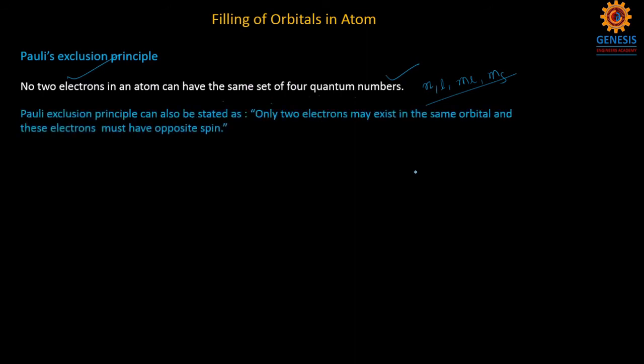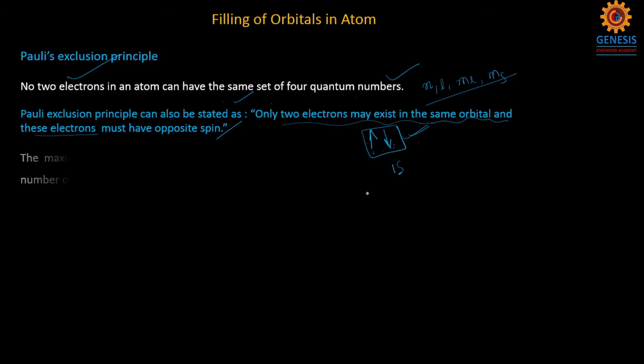What are they? n, l, ml and ms. It can also be stated like this: only 2 electrons may exist in the same orbital, and these electrons must have opposite spins. For example, 2 electrons may exist in one orbital like 1s, and these two have opposite spins. So that is about Pauli's exclusion principle.